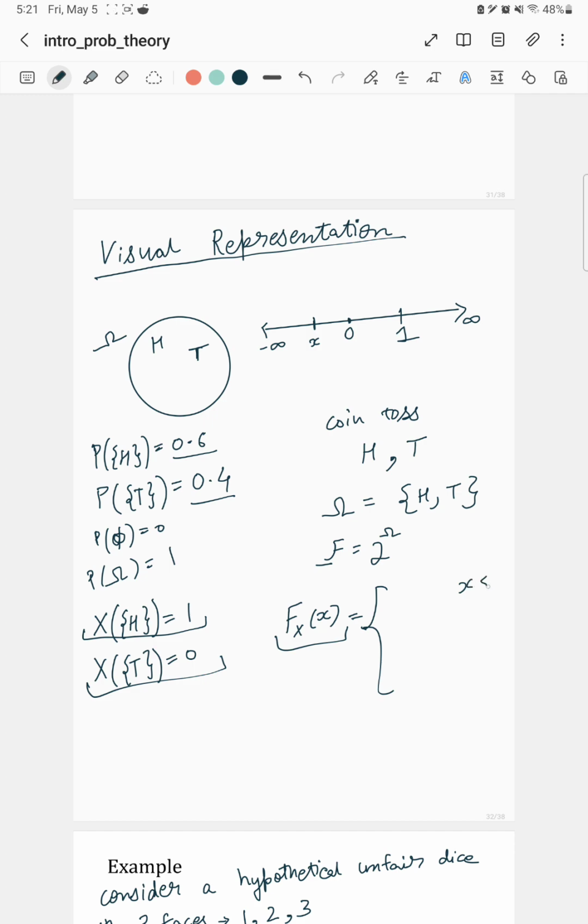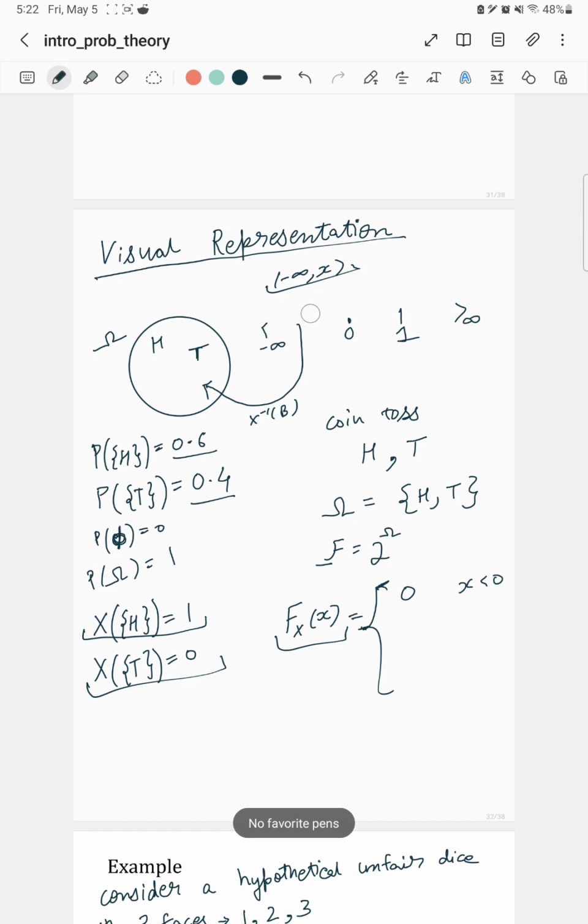For x less than 0, we know this would be the Borel set from -infinity to x. If you try to take a pre-image of this Borel set, it would point to nothing. So this is nothing but a null set. And we know that the probability measure on a null set would be 0. Hence the value of F of x, capital F of x, which is the CDF of x, would be 0 for all x less than 0.